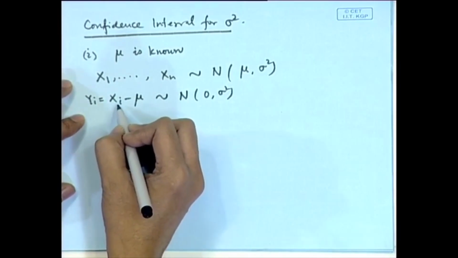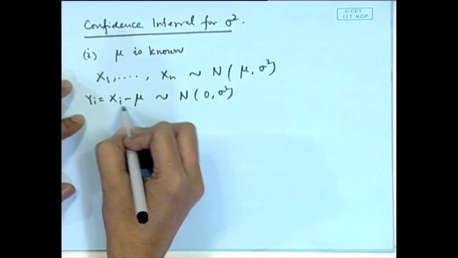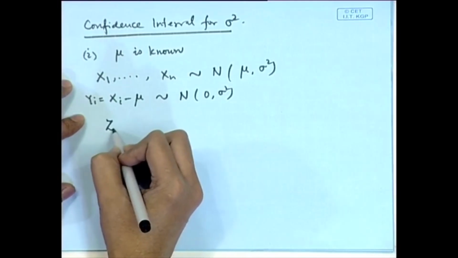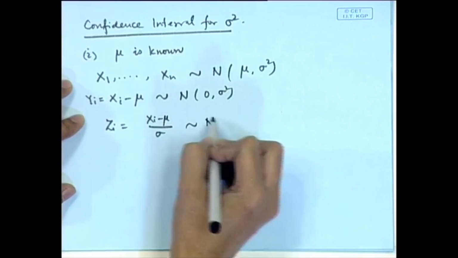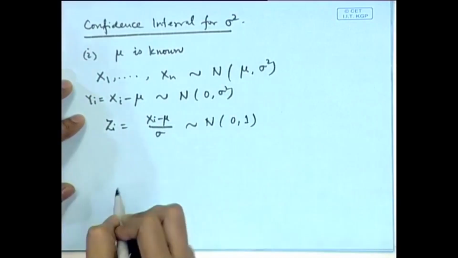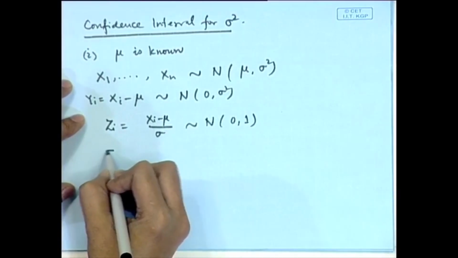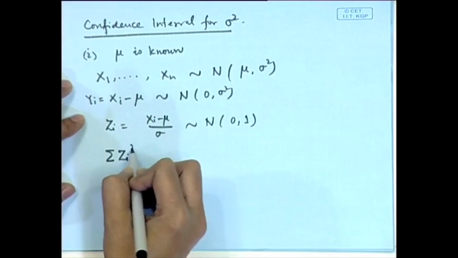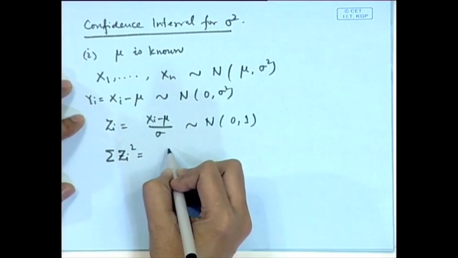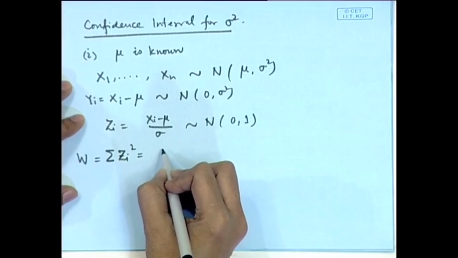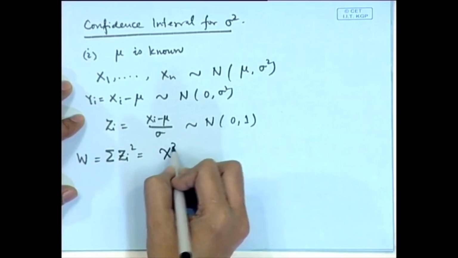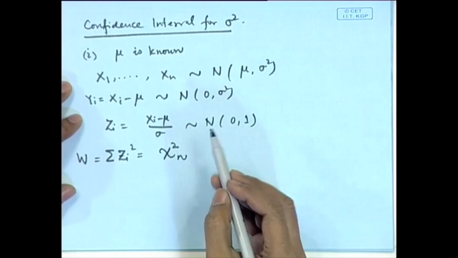If we divide by sigma and call it z_i, that is (x_i minus mu) by sigma, that follows normal(0, 1). So if we consider the sum of z_i square, and call it w, then that will follow a chi square distribution on n degrees of freedom.